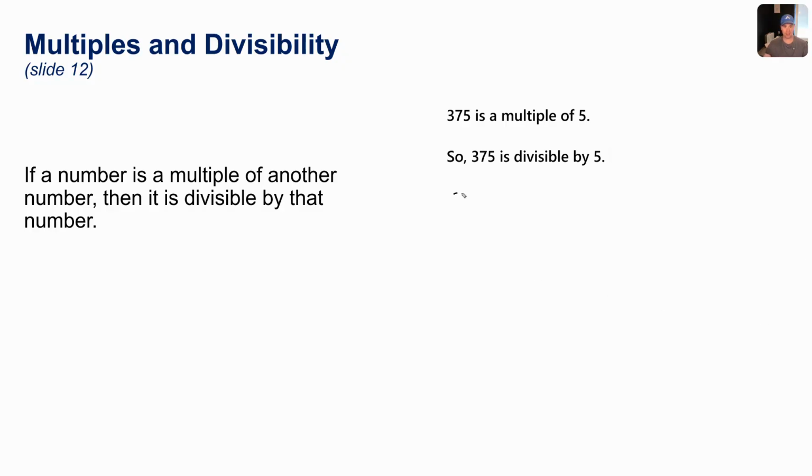We could say 375 divided by 5 equals 75, or I could go the other way and say 5 times 75 is equal to 375. So multiples and divisibility work hand in hand here.